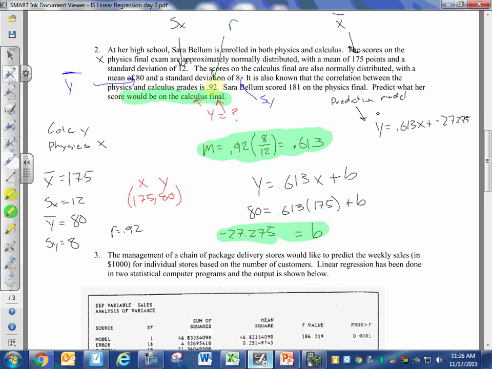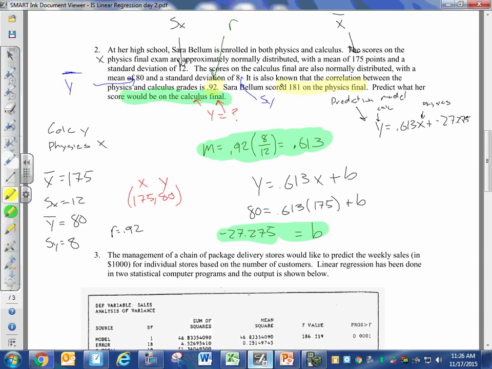Remember what y was. Y was our calculus scores. What was x? X was our physics score. The question was predict what her score would be on the calculus final, given that her score was a 181 on her physics final.